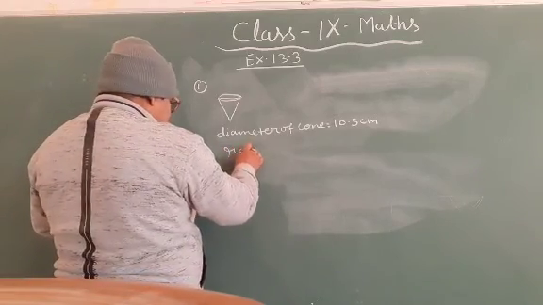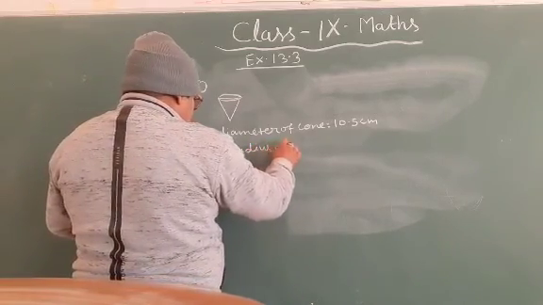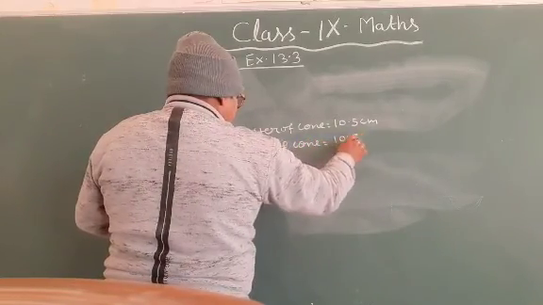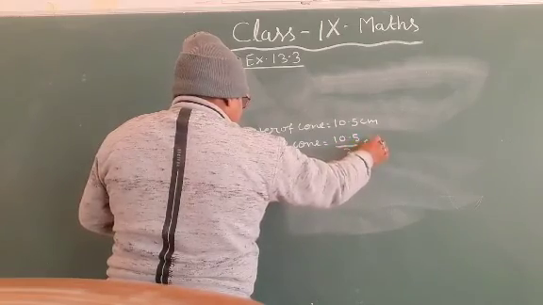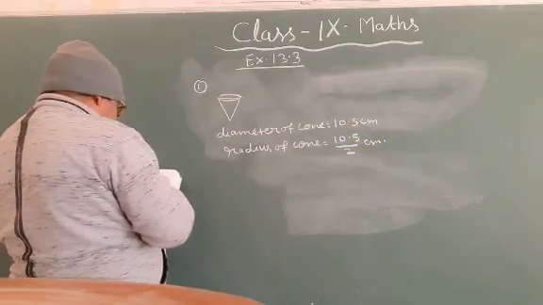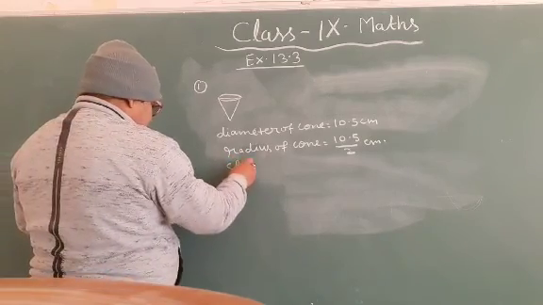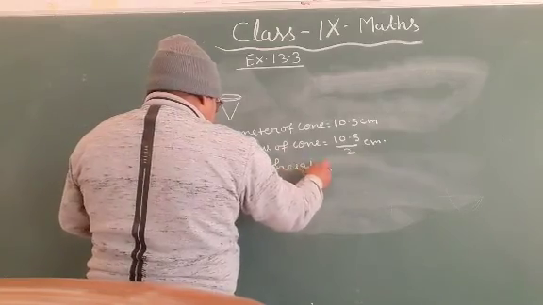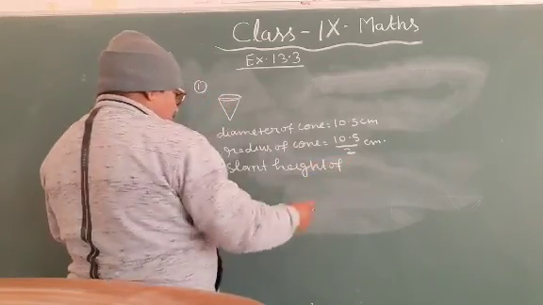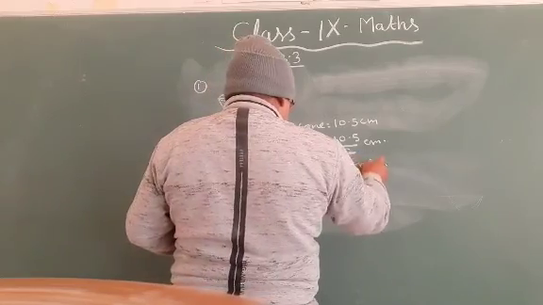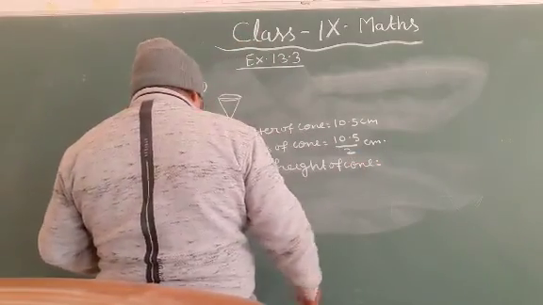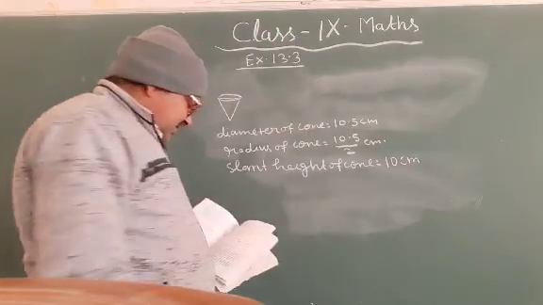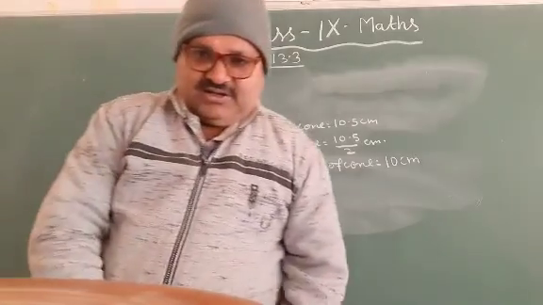Radius of cone is 10.5 by 2 centimeter, and the slant height of cone is equal to 10 centimeter. Now find the curved surface area.